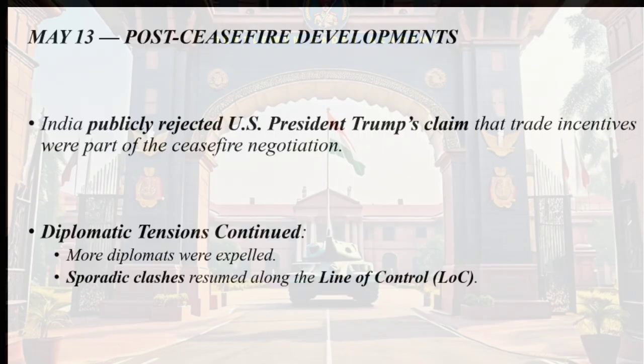India retained punitive measures enacted during the conflict, which include visa bans, trade halts, and a freeze on the Indus Water Treaty, signaling that peace remained conditional on Pakistan's dismantling of terror infrastructure. India also made it clear that the current calm was a pause, not a resolution, and that the right to future retaliation remained reserved.